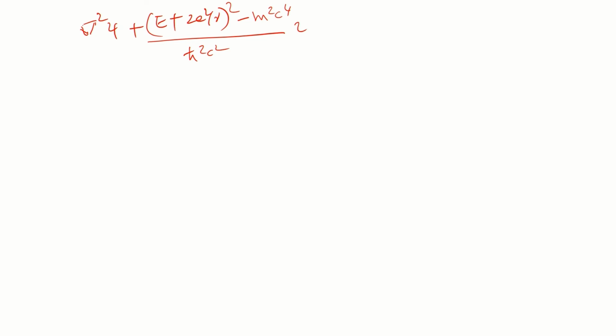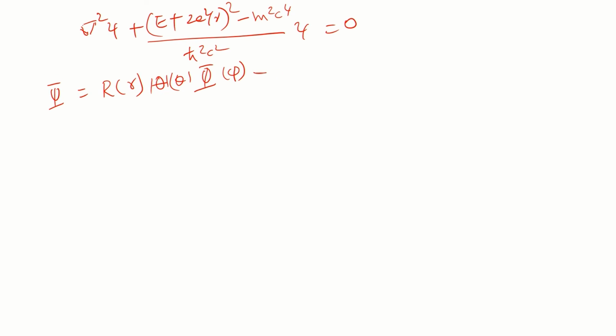So, we have del square psi plus E plus Z square by R whole square minus m square c power 4 by h cross square c square into psi equal to 0. This is our original equation. We have implemented psi is equal to R of r, the first thing, again Theta of theta, and the third parameter Phi of phi.